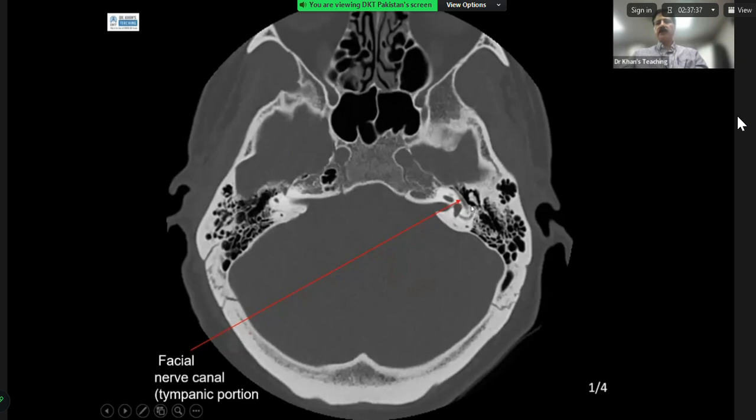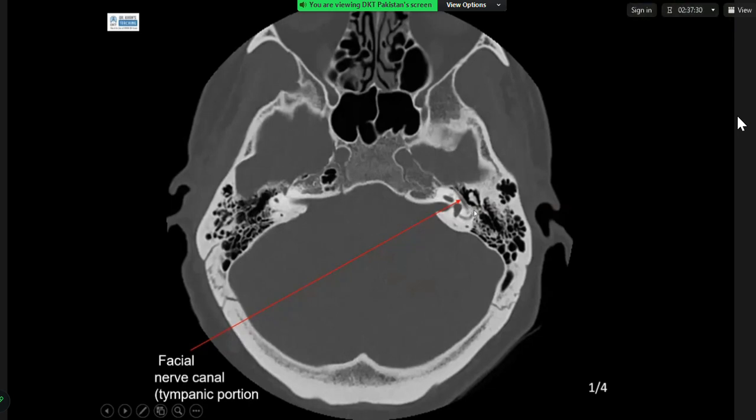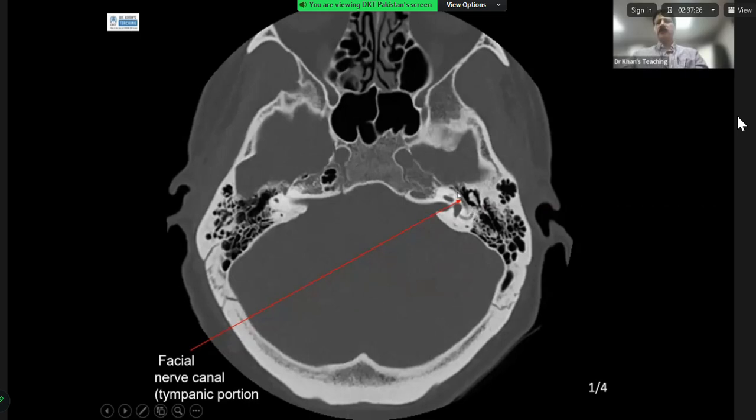There is something else just superior to this level. Of course, on an axial slice, you are seeing a bit of partial voluming here. So let me ask you in different, direct words: the tympanic portion of the facial nerve passes underneath this structure. This is a hint.